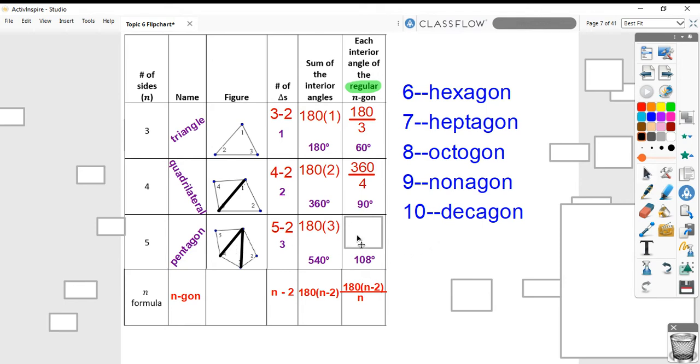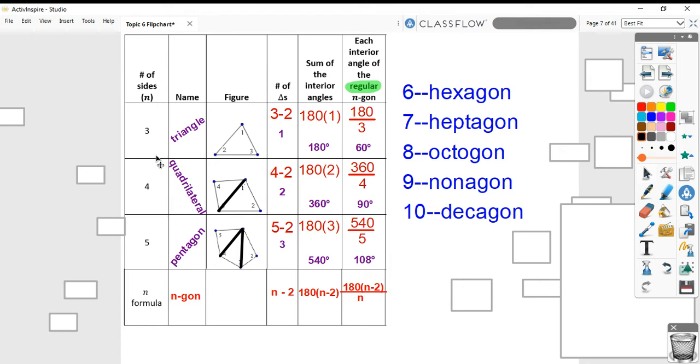The pentagon was the same thing. We ended up with 540 degrees in total. And if you split that up into all 5 of the angles evenly, 540 divided by 5, that's where this 108 came from. Okay? So one of your assignments in this section is going to be to fill out a chart like this, to fill out all these numbers using a number of different sides.